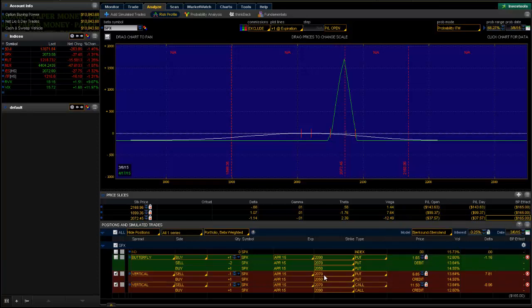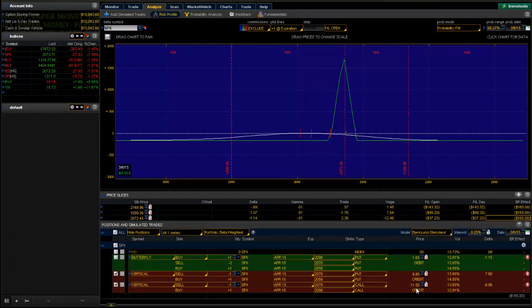There's 20 points between the wings, so you have $2,000 of true margin minus the $685 of credit that you received to open this trade. So this right here has a net debit of $1,315 of margin that they are going to be holding you back on.